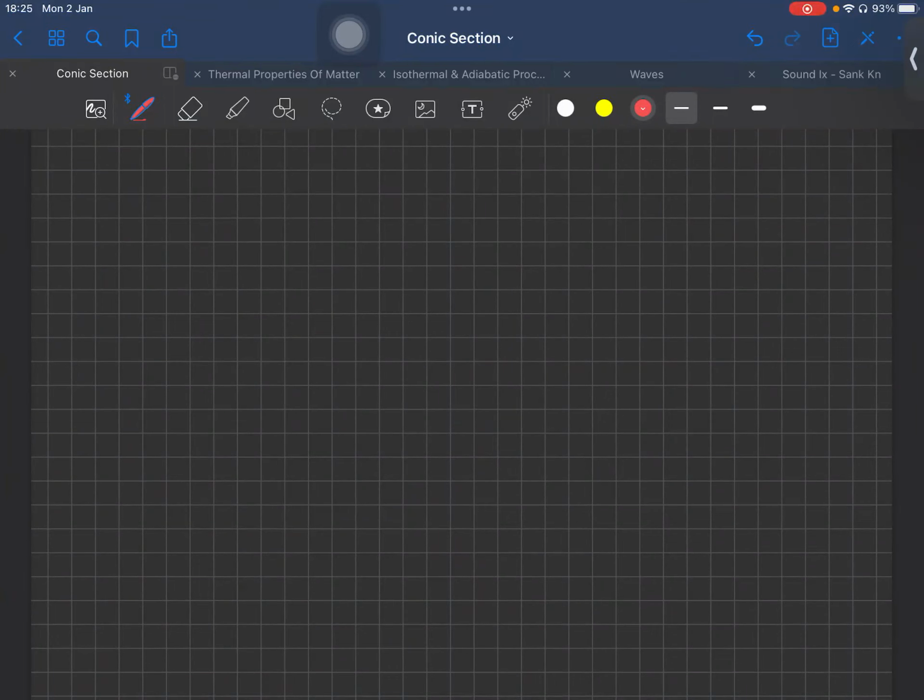Does anyone know about rectangular hyperbola or equilateral hyperbola? Anyone?